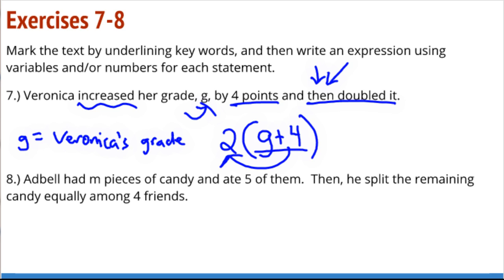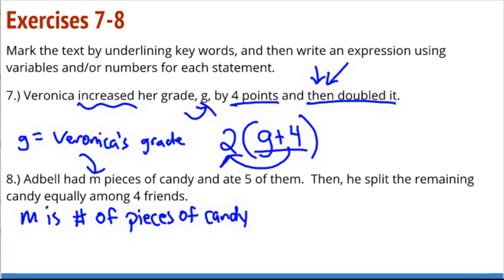Ed Bell had M pieces of candy and ate 5 of them. Then he split the remaining candy equally among 5 friends. So we had M, so M is the number of pieces of candy. And we've got an eating, and then we have a splitting.